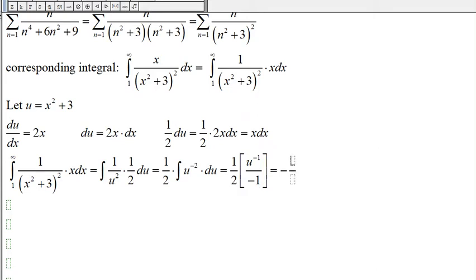So this becomes negative 1/2. And then 1/2 times negative 1 is negative 1/2. And then u to the negative 1 is the same as 1 over u, so we end up with negative 1 over 2u. But u is x squared plus 3.